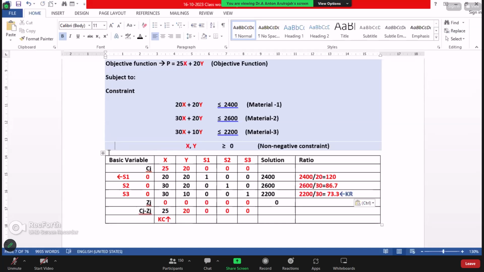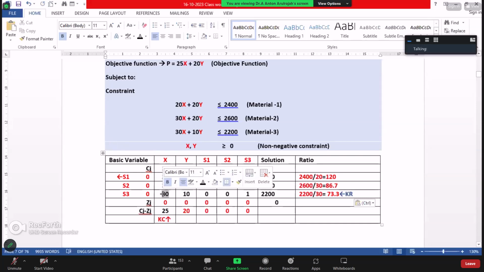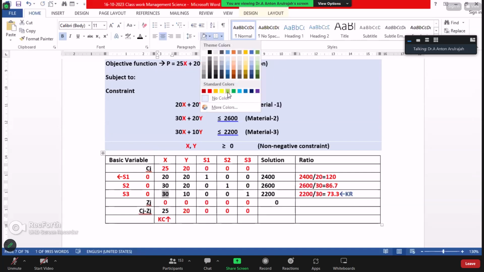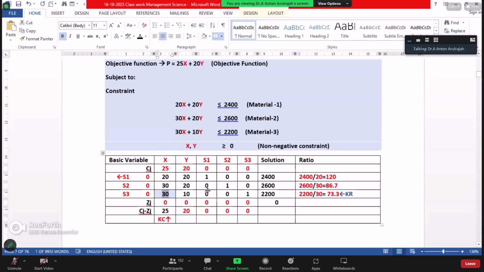Now what is the key value? 30. Now this 30 is the key value. So now you see that the key value has changed.